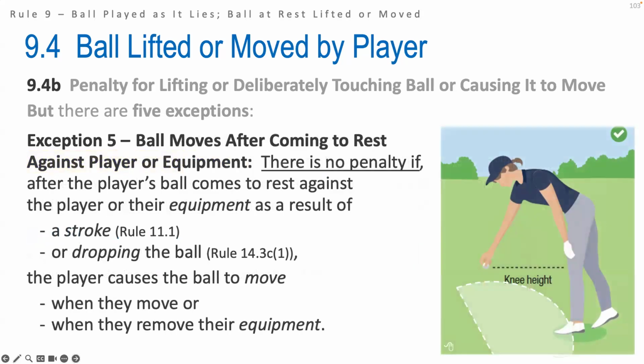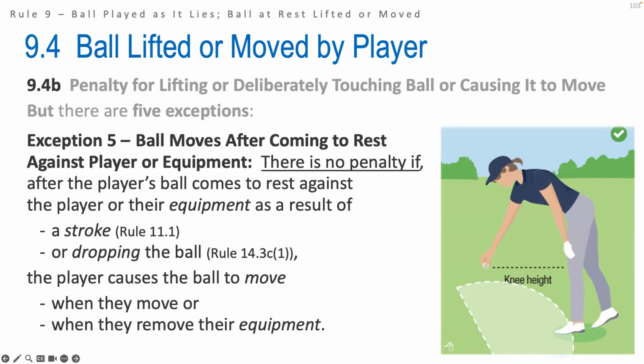Our fifth and final exception, a ball moves after coming to rest against the player or equipment. There's no penalty if after the player's ball comes to rest against the player or their equipment, as a result of a stroke or dropping the ball, the player causes the ball to move when they move or when they remove their equipment. So drop the ball, maybe it comes to rest up against their golf bag.